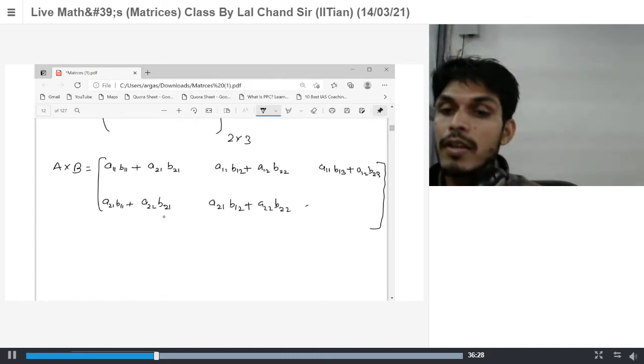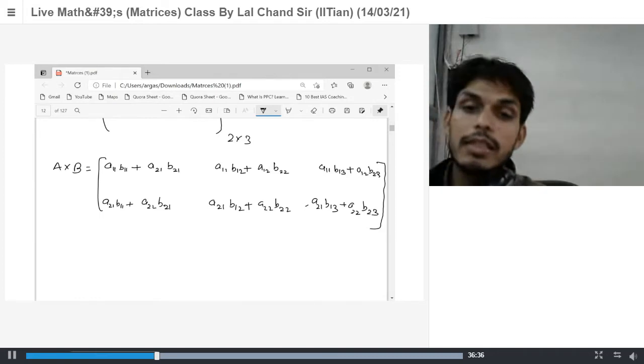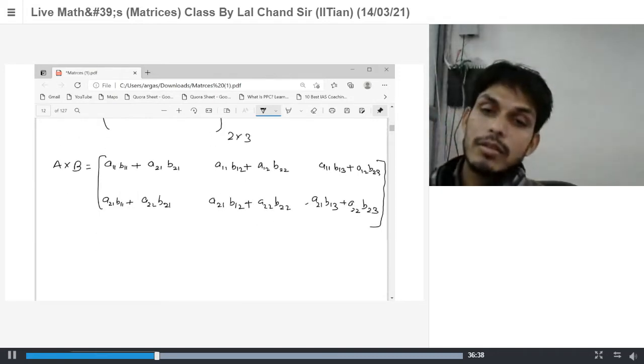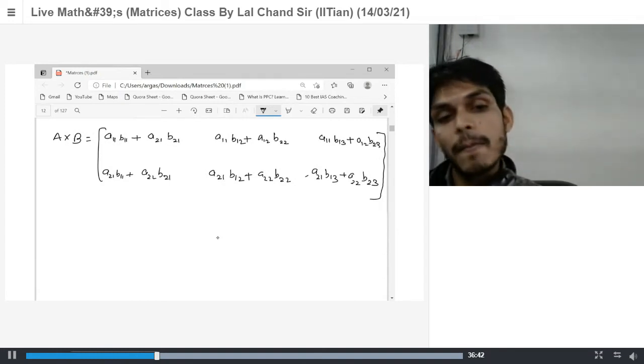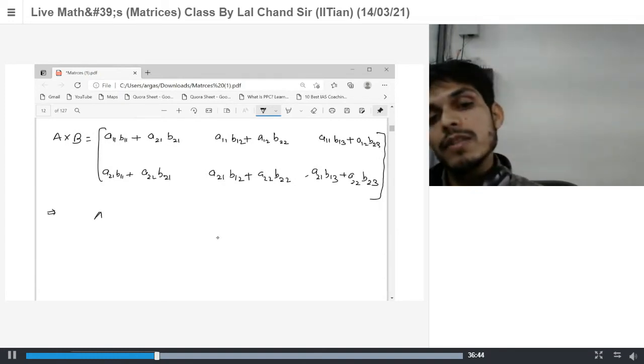Here I have A21 B13 plus A22 B23. So this is A cross B. This is how we define the product, and we can say A cross B is not equal to B cross A in general.